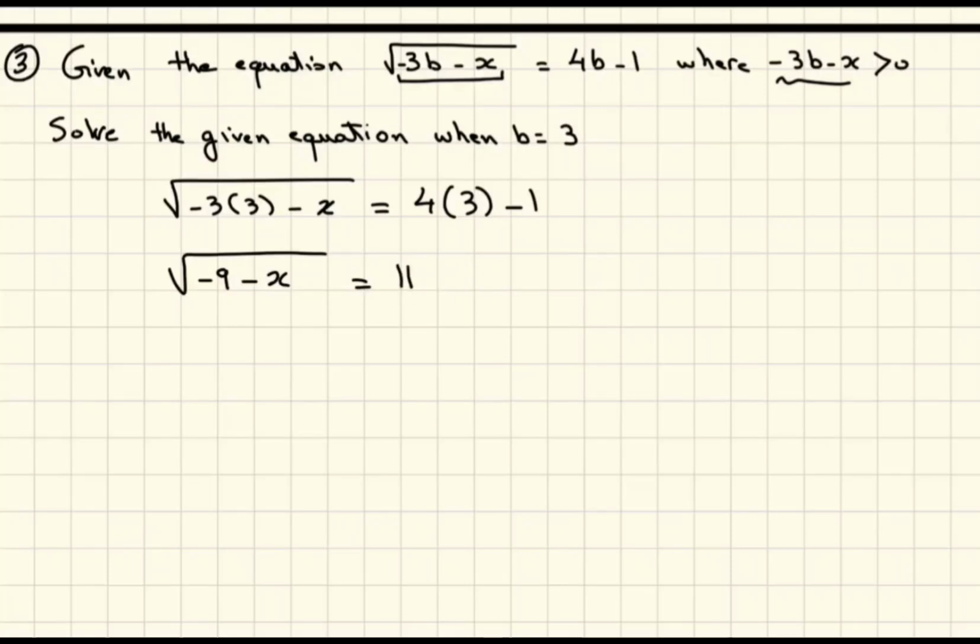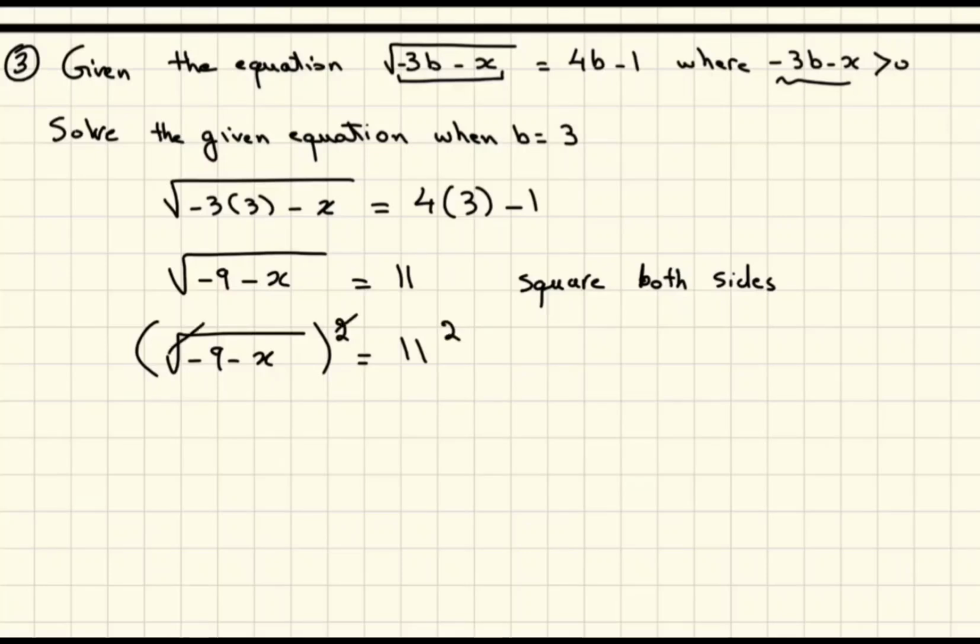Now how to proceed from here? I need to remove the radical. How do I remove it? So we need to square both sides. Now by squaring both sides in this case, I will write this.